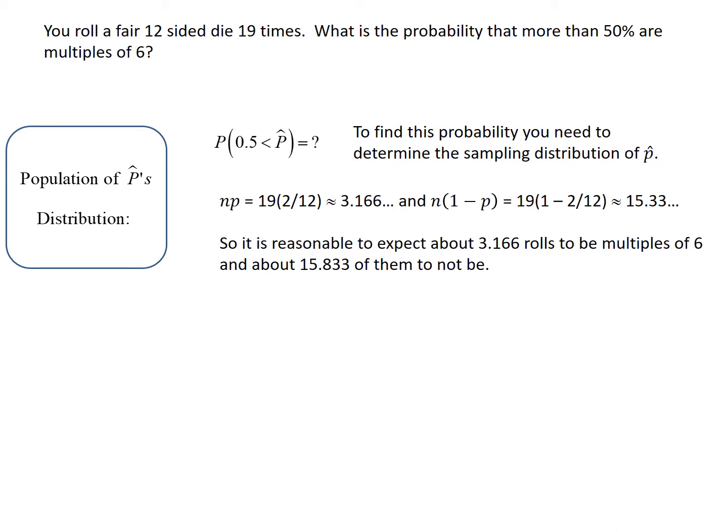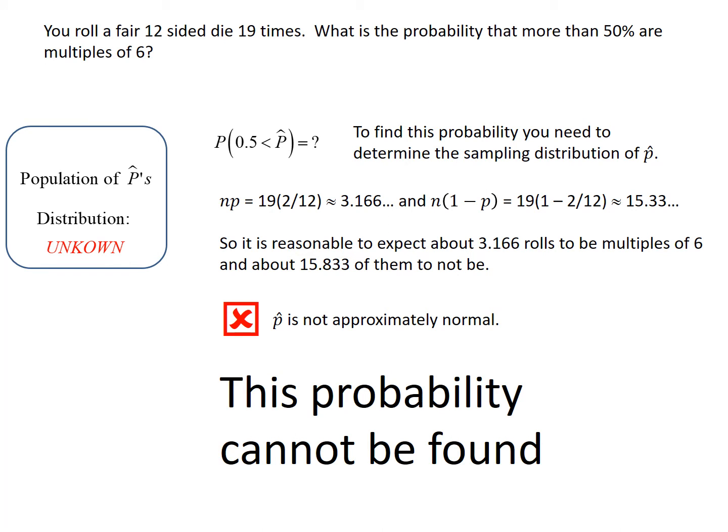So that only gives us a little bit over 3, which means we don't expect to get 5 or more multiples of 6 in our sample. So the distribution of p hat is unknown. It's definitely not approximately normal, which means we can't find this probability. You can't always force a distribution on a variable.